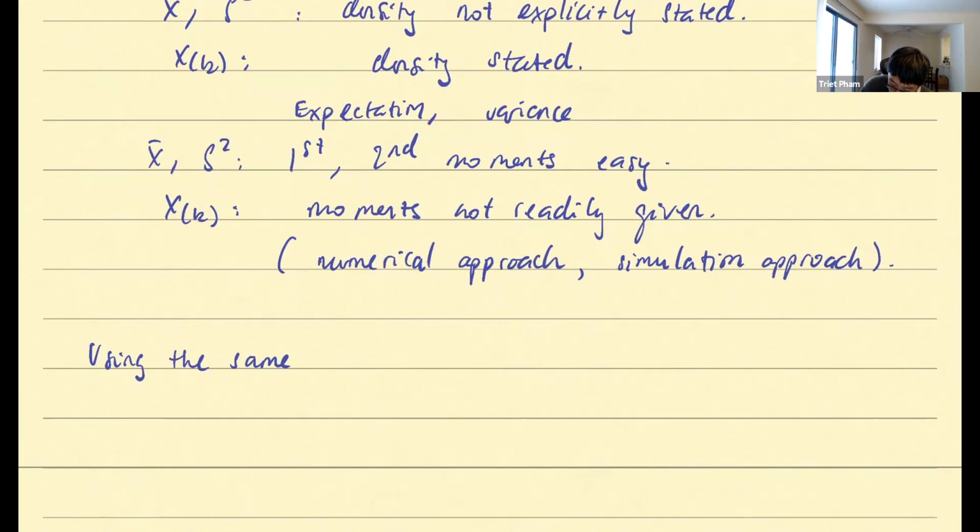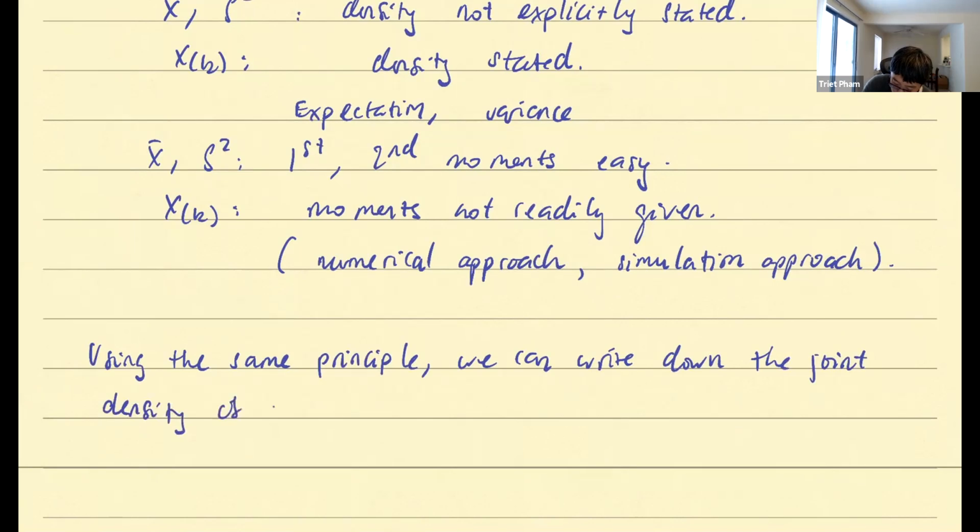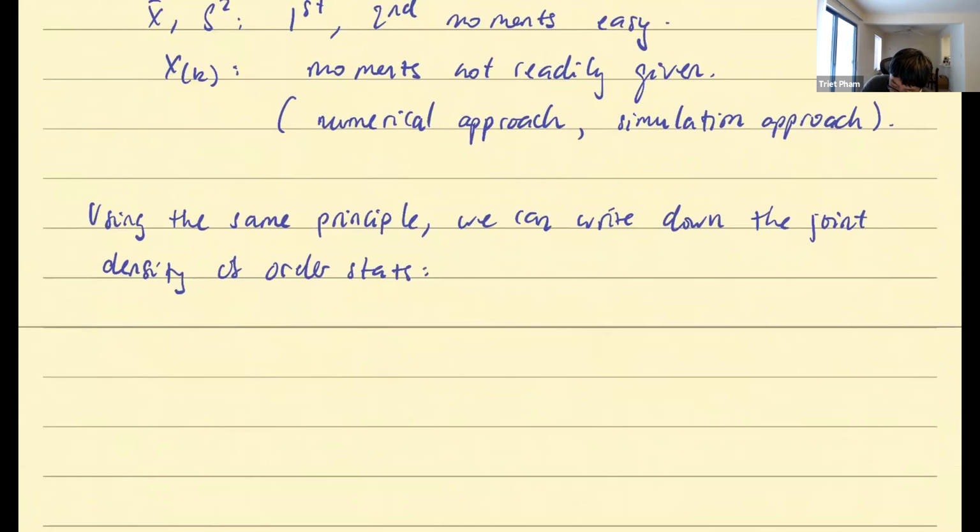Using the same principle, we can write down the joint distribution or the joint density of order stats. In other words, for example, suppose you have some Xi order stat and Xj order stat, as a pair of random variables. What is their joint density?